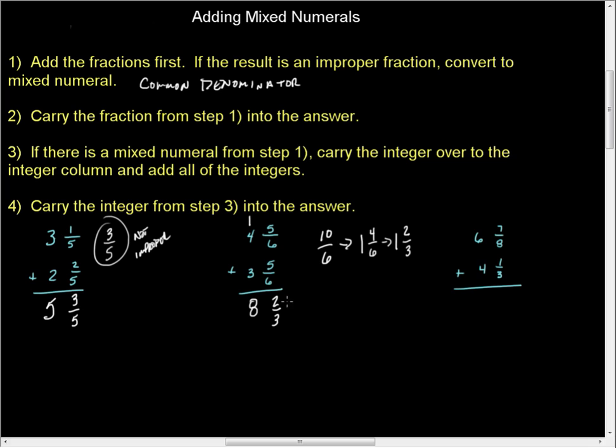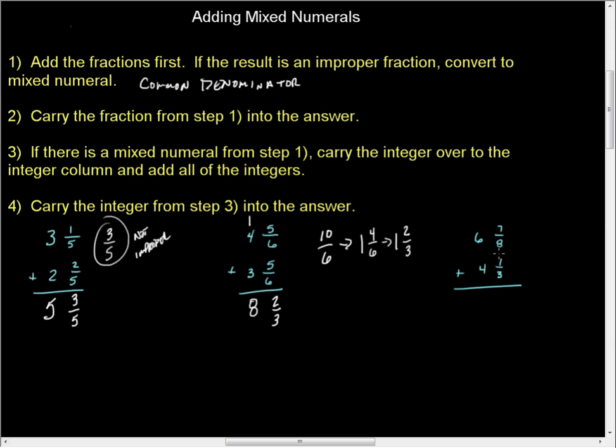And there's the answer for that addition. And so you're really going to have to do things a couple times. One, you're going to have to add fractions. Two, if you get an improper fraction, convert it into a mixed number. And then three, you're going to have to add the numbers. So that's the step-by-step process. I just split it into 4 steps.